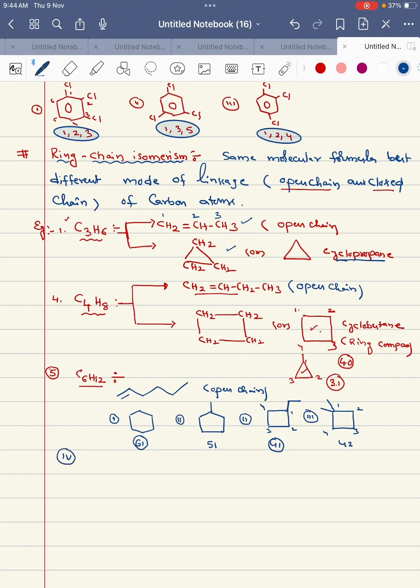And the fourth one you will write like this. Now I am going to change the location of the methyl groups. Here it is 1, 2, 3, 4. What is the skeleton number? The number of carbons in the parent chain is 4, and the number of side chains is 2 only. And the fifth one: again I am going to decrease the size of the parent chain.